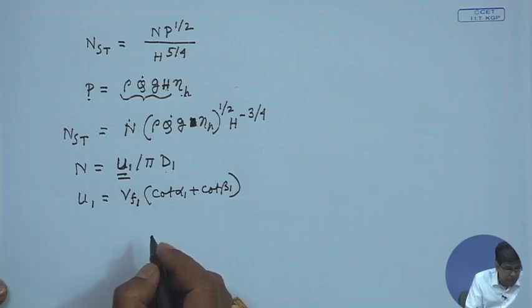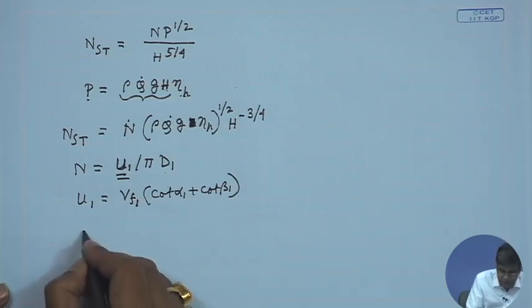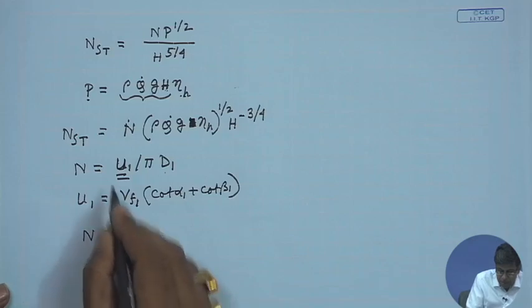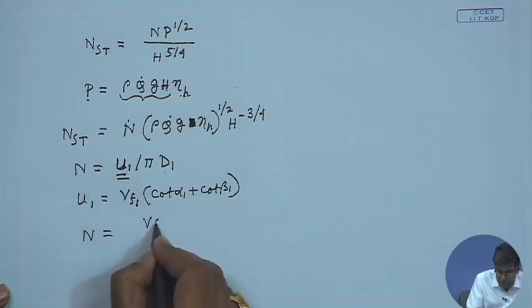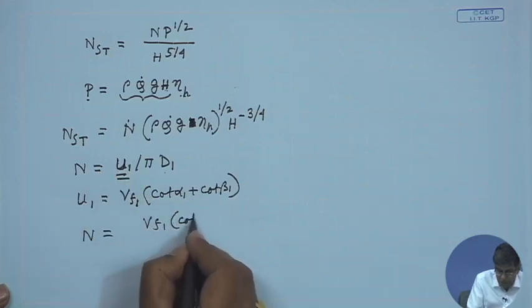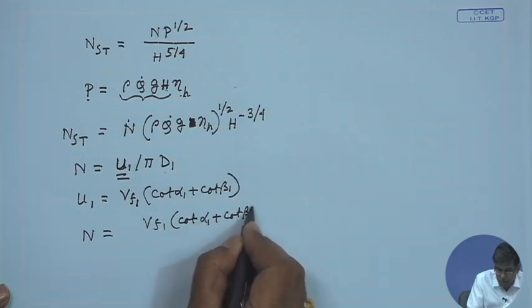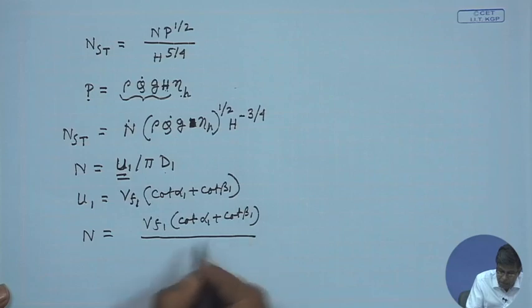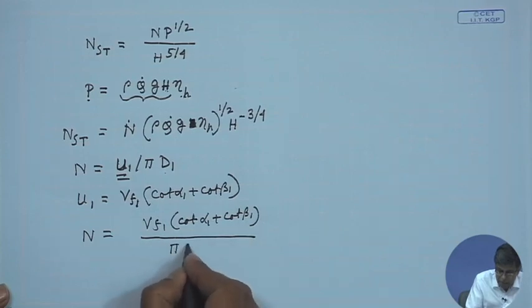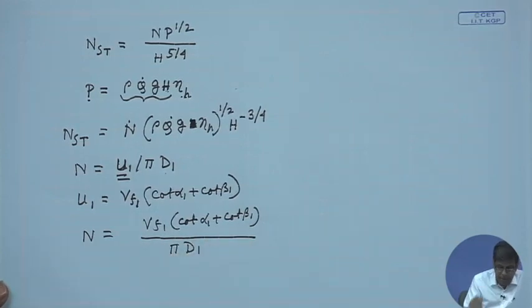So, therefore, we can write N as, just substituting this, Vf1 cot alpha 1 plus cot beta 1 divided by pi d1. So, this is the value of N.